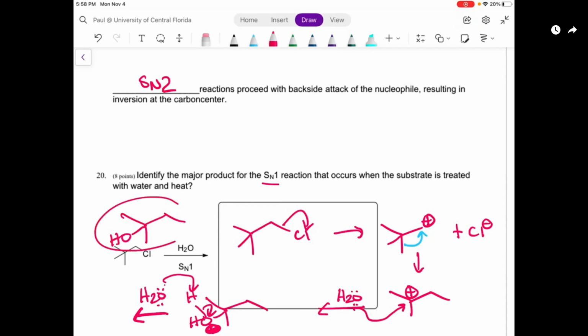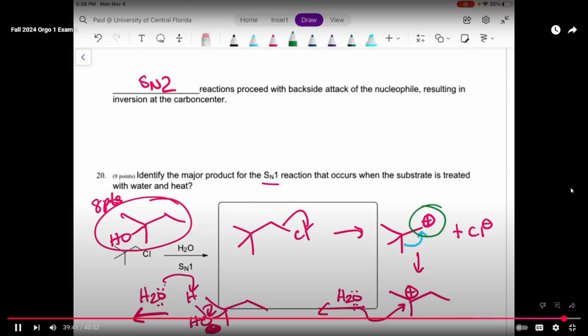Okay. And that is the final product, and that is the full 8 points. Okay. That's what it's supposed to look like. Now, if that's the way you thought about it mechanistically, then there's a minor flaw in that. Even though you got to the right answer, looking at this right here, we have a primary carbocation.